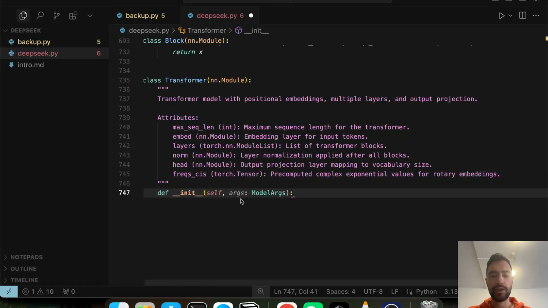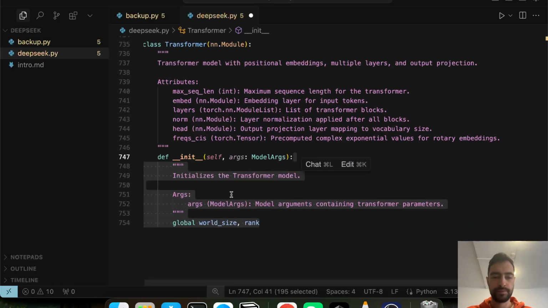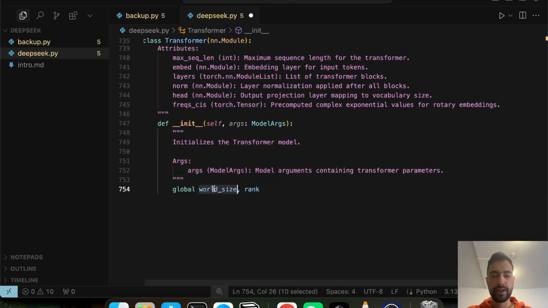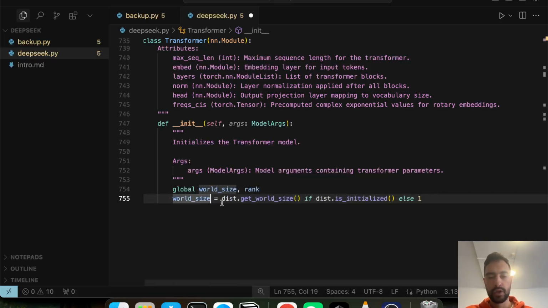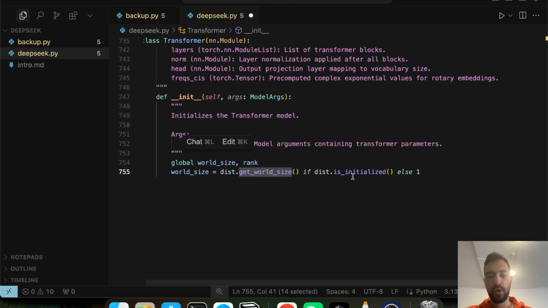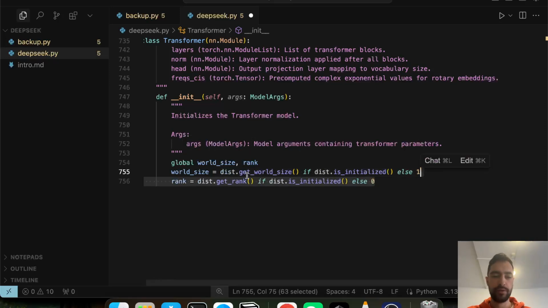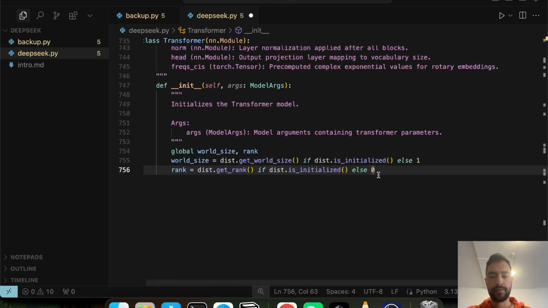Then this will be a lot of just initialization. We have world size, which is the number of GPUs, and the rank, the number of the current GPU. Is it 0, 1, 2, 3? So we get the world size, or it's 1. Rank is going to be 0 if there is only one GPU, because this is just a GPU with index 0.